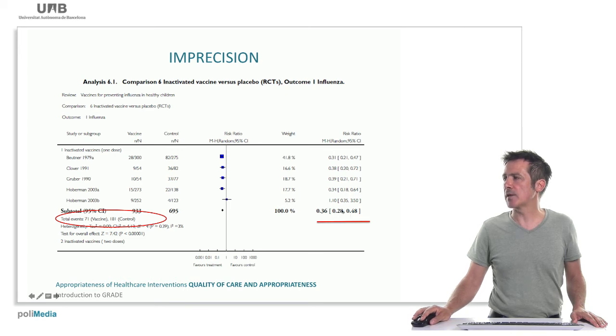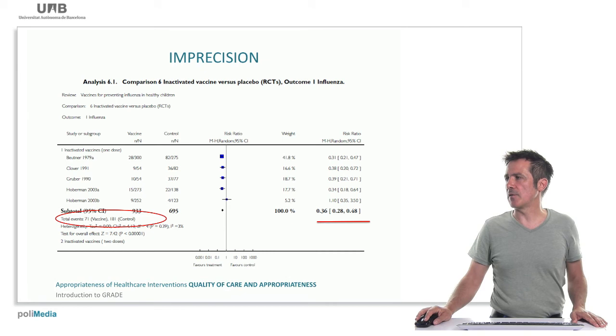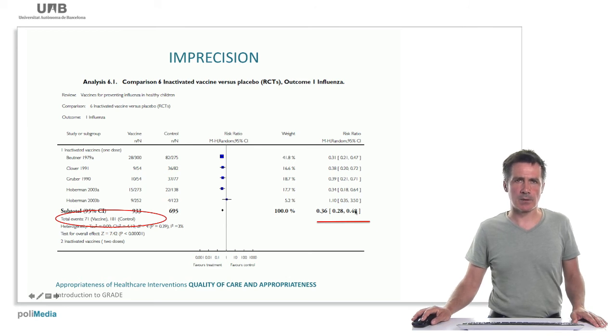Now, both extremes of the confidence interval are within a result that favors treatment. And probably, in the context of a recommendation, we can call this confidence interval precise enough, as the panel will be confident to make a decision even in the worst case scenario of 0.48 relative risk.